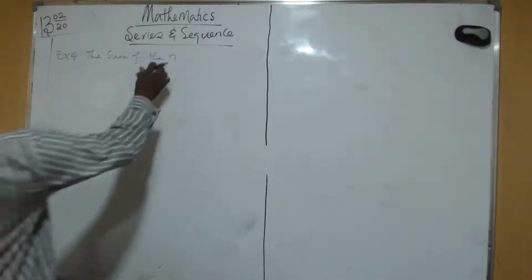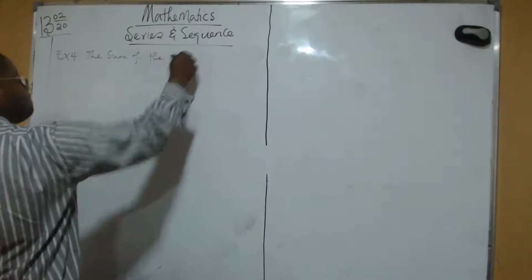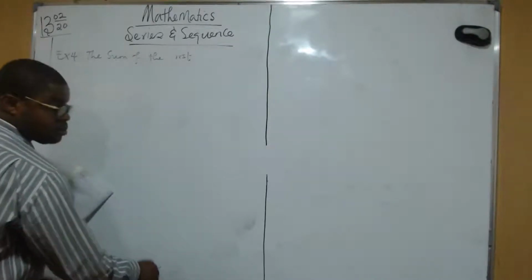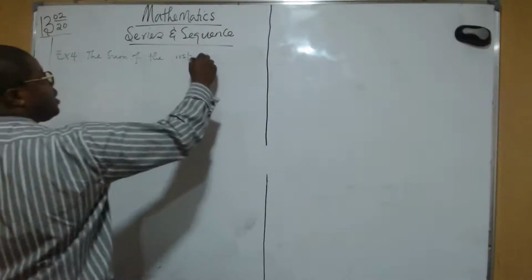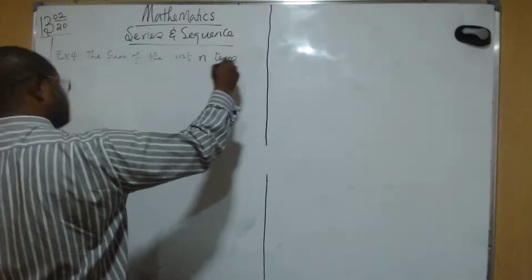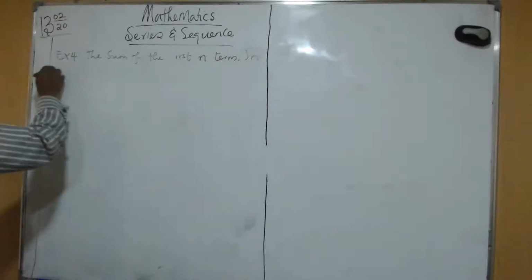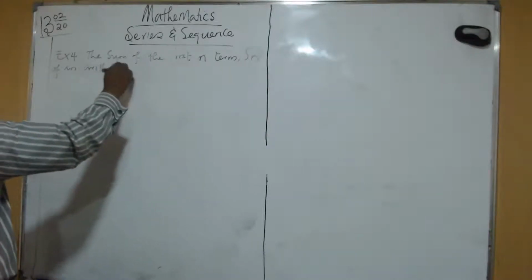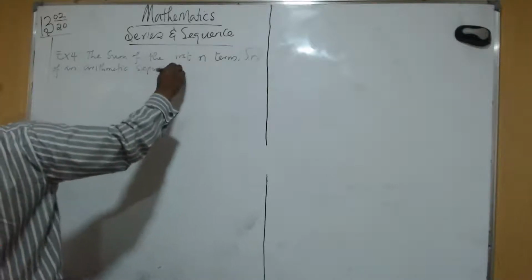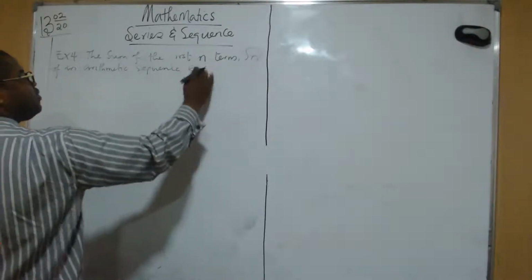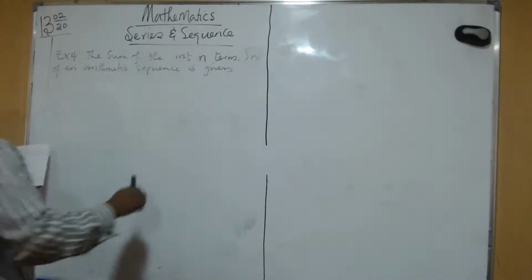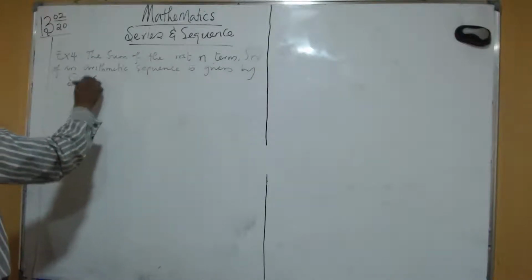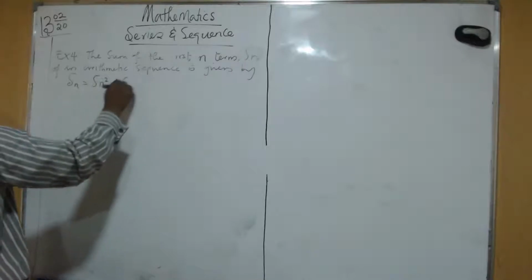The sum of the first n terms, Sn, of an arithmetic sequence is given by Sn equals 5n squared plus 6n.